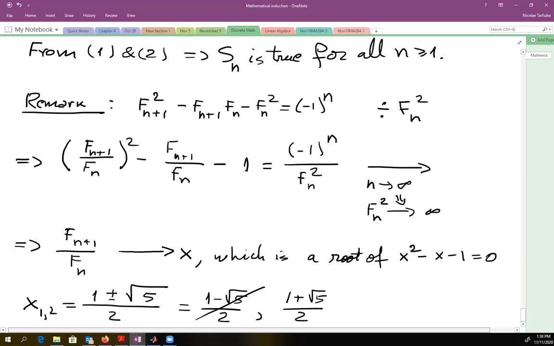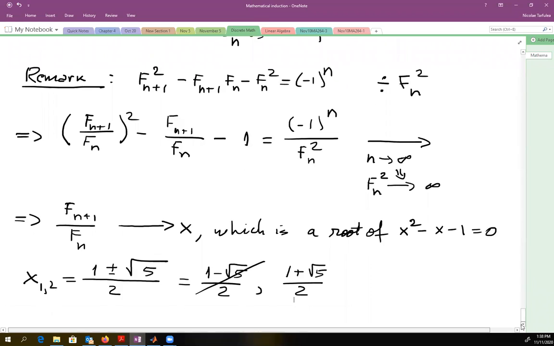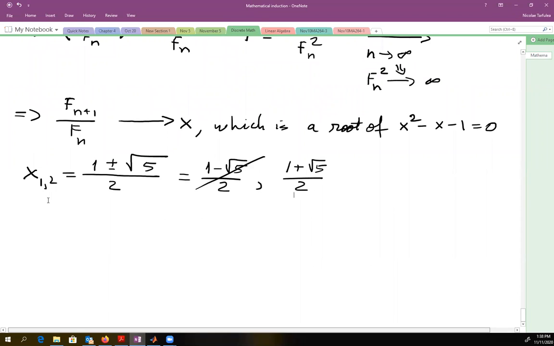So it seems like the ratio of 2 consecutive terms of the Fibonacci sequence has this interesting property that it has a limit.